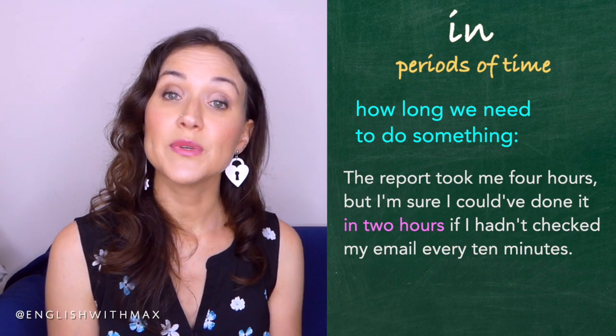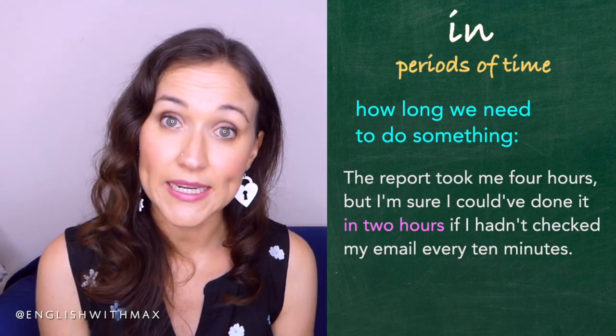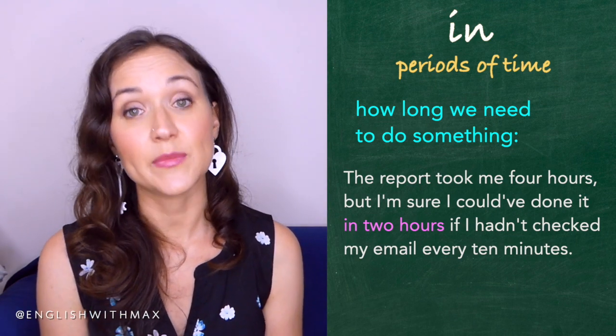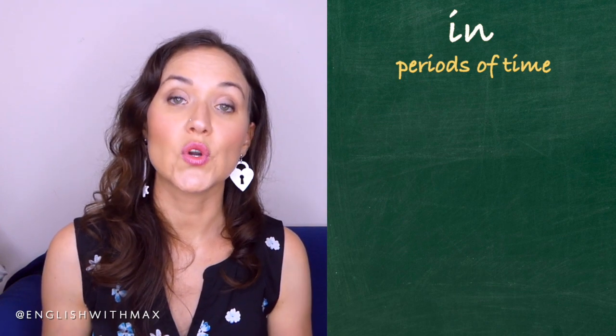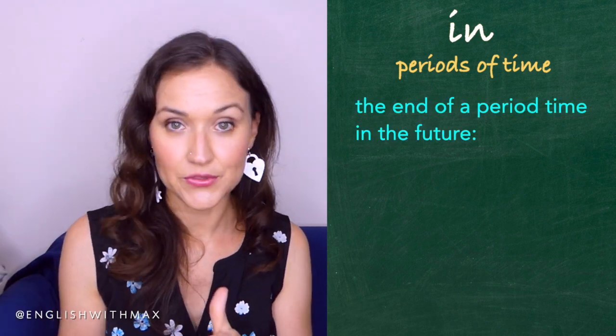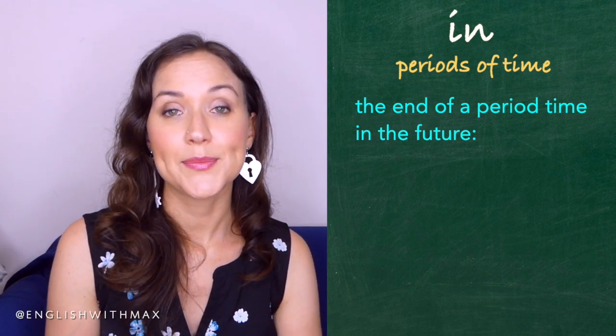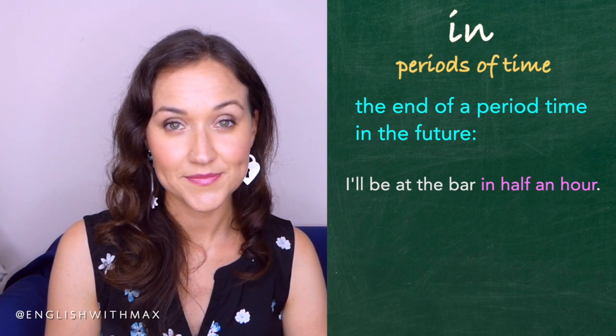The report took me 4 hours, but I'm sure I could have done it in 2 hours if I hadn't checked my email every 10 minutes. We also use it to talk about the end of a period of time in the future. For example, I'll be at the bar in half an hour.